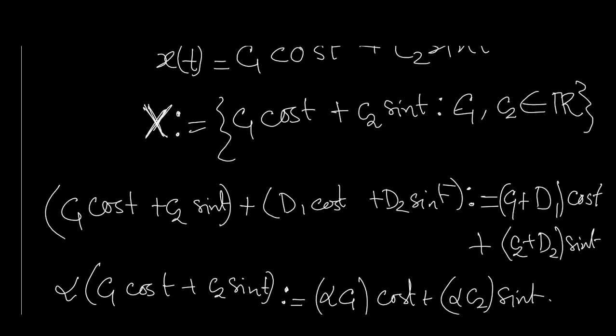First of all, try to understand that cos t and sin t, their value will always vary from -1 to +1, and c1 and c2 you are also picking from R. So for any combination of c1, c2 and any arbitrary time t, you are bound to get a single value for this combination, and that would become a real number, which is a subset of the real line defined by this.